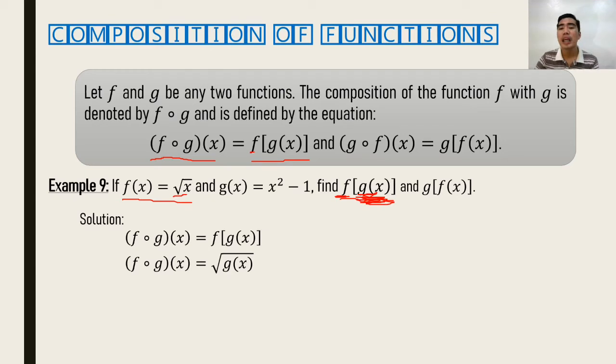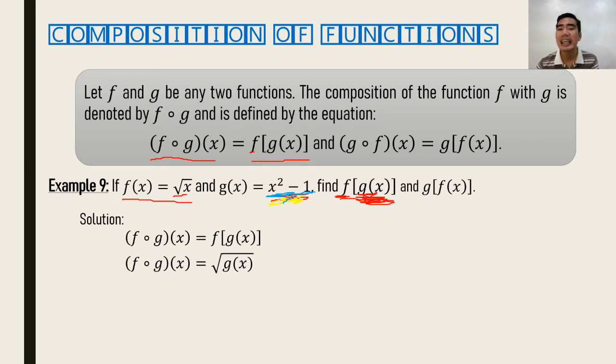Now, remember that merong function si g of x. Diba, merong function si g of x. Okay? Ano yung equivalent ni g of x? Ang equivalent ni g of x is x squared minus 1. Therefore, ito ang ating i-substitute sa ating variable x.